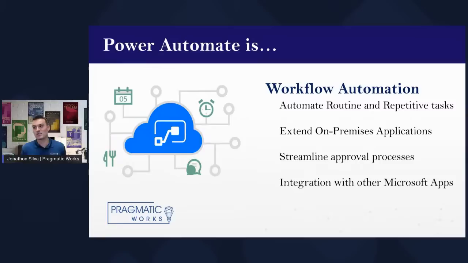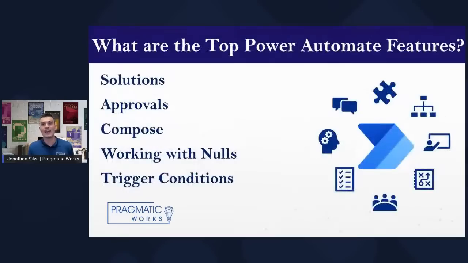It allows us to add in some of our on-premises applications. If we start getting into Power Automate Desktop, there are even further opportunities. We can streamline some approval processes and have a full integration with pretty much anything Microsoft that is available to us. So as we work with Power Automate, we are going to focus today on what I think are the top 5 features.